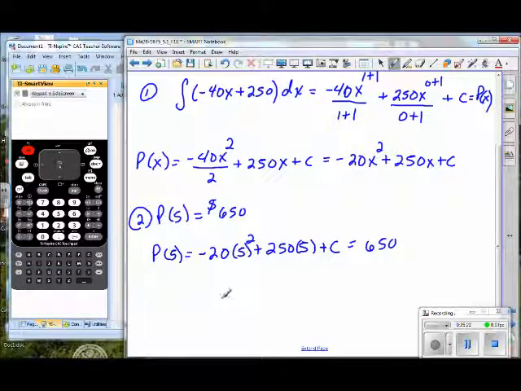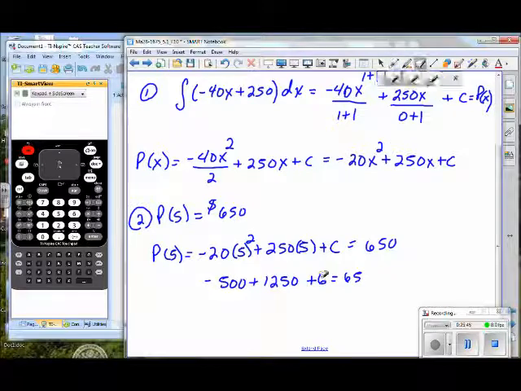So if we expand all of this, we will come up with negative 500. You can check my arithmetic. 25 squared times negative 20, plus 1,250, plus C is equal to 650. If we do our arithmetic, C is equal to negative 100.